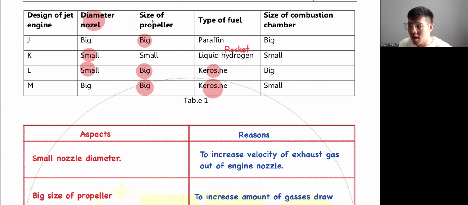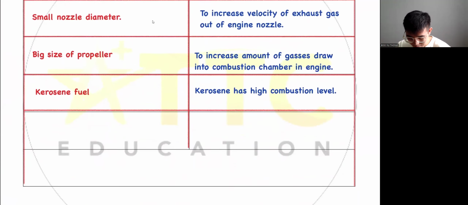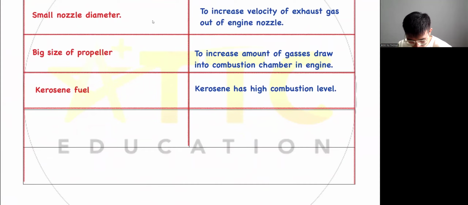Okay. And then the last one, the size of the combustion chamber. Just now we discussed, right? Combustion chamber is basically the space for the engine to burn the fuel. So the space for the engine to burn the fuel has to be big, right? Because small also can burn fuel, big also can burn fuel, but the bigger one can burn more fuel at one single combustion.